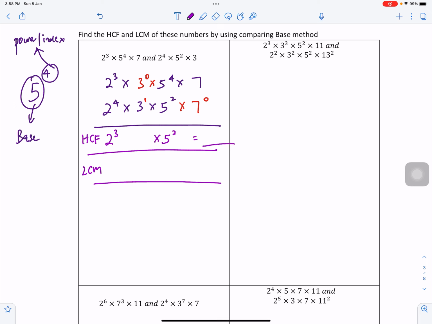Now you find the higher of the 2 powers. You compare the 2 bases and take the higher of the 2 powers. There you go. So this is how to find HCF and LCM using comparing base. Okay, second one.